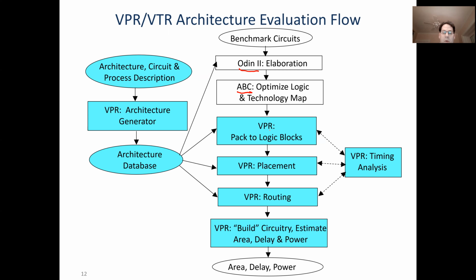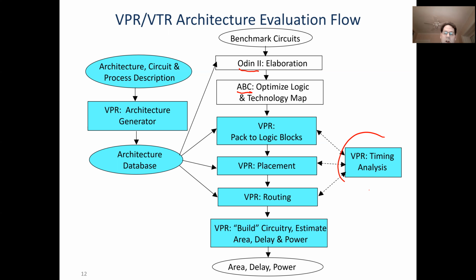So the way VPR works is it first packs these little things like lookup tables and flip-flops into the larger logic blocks, places them, so it chooses a location on the chip for every single logic block or RAM block, etc. Routes between them by using the prefabricated wires and switches and appropriately programming the switches.